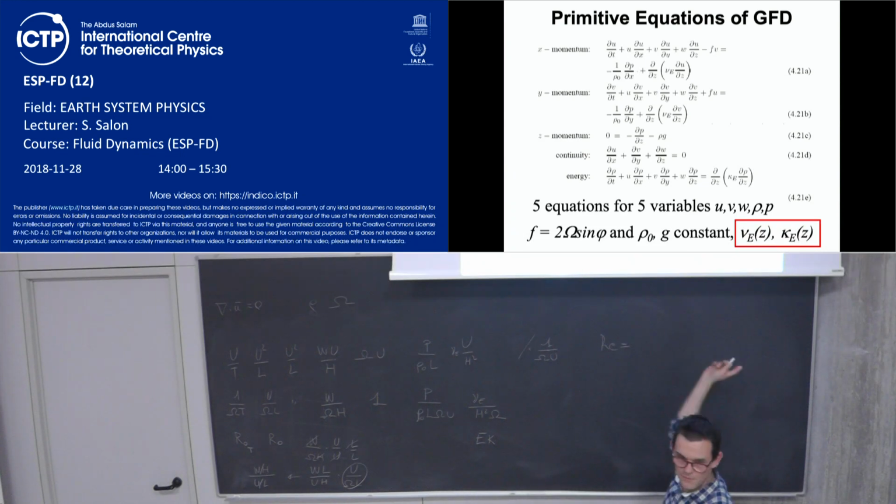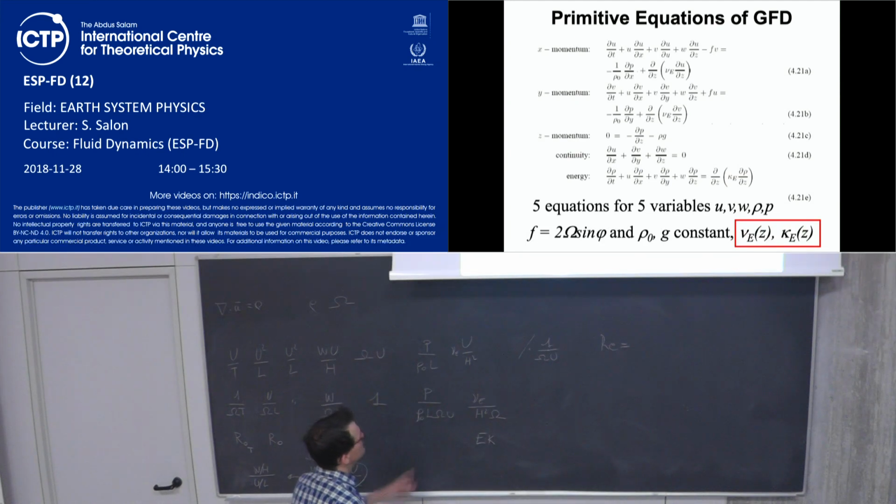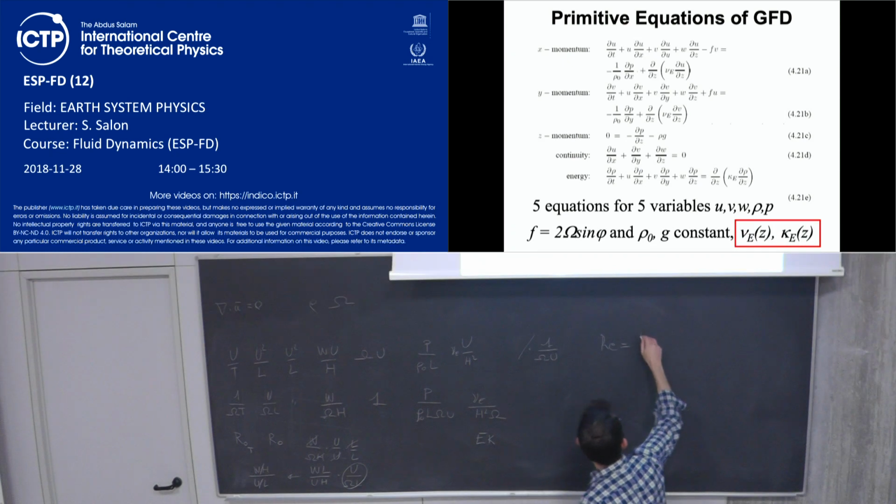Reynolds is the same as before, like Osborne Reynolds, always him. A lot of big men in fluid dynamics. So the Reynolds number is actually the ratio between advection and horizontal diffusion. So it is written as U L over nu.